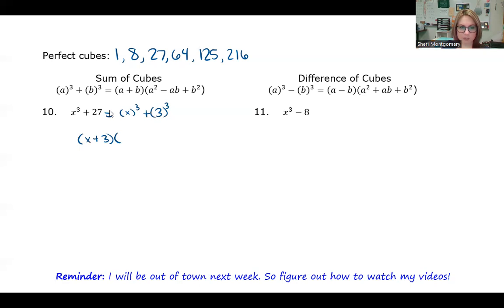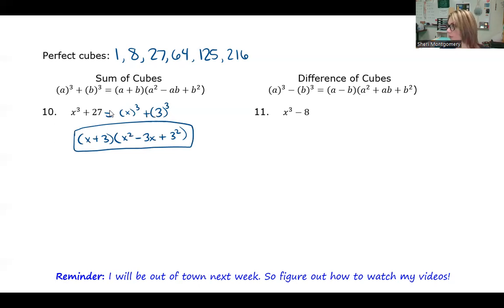And then it says the first position squared, so x squared, minus the 2 numbers multiplied together, so 3x, plus the last position squared, so 3 squared. That's it. I have to teach you that formula, so I'm teaching you the formula.